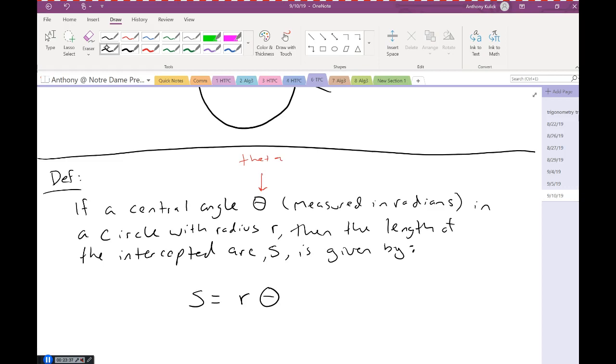In a circle with radius r, the length of the intercepted arc S is given by the formula S is equal to r times theta.